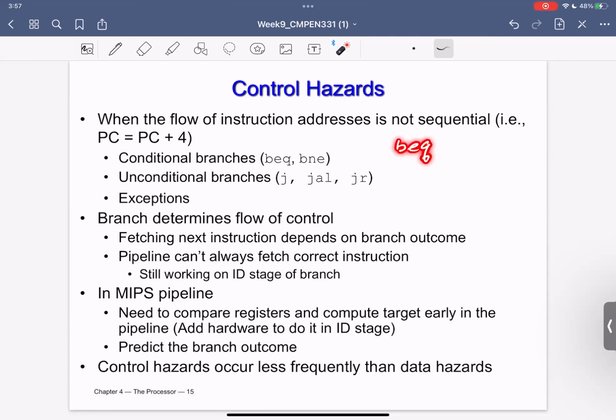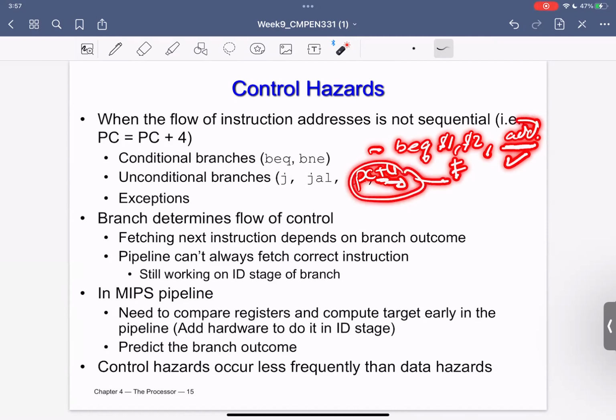Suppose I have branch equal register number 1, register number 2, and then here I'm telling you a certain particular address, let's say any address. If this is equal to that, if this condition is satisfied, then I will go to that particular address. If it is not equal, what will I do? My next instruction in my sequence will actually be program counter +4, the one directly next to it, correct? But I don't know exactly whether I will take this instruction or the instruction at that particular address. I don't know in advance.